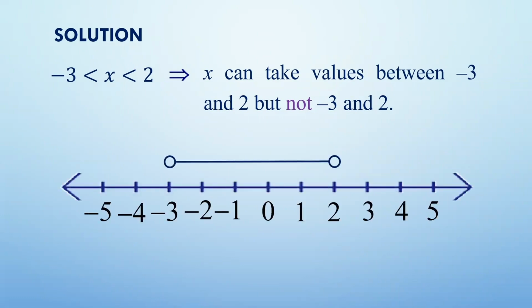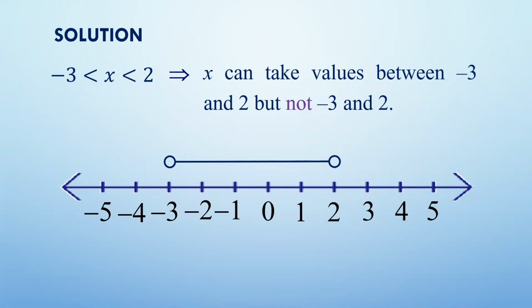You will recall that in the first video, we had learned how to represent such inequalities on a number line. So here I will have two empty circles at -3 and 2 to indicate that x cannot be equal to -3 and x cannot be equal to 2. But x can take any values in between.